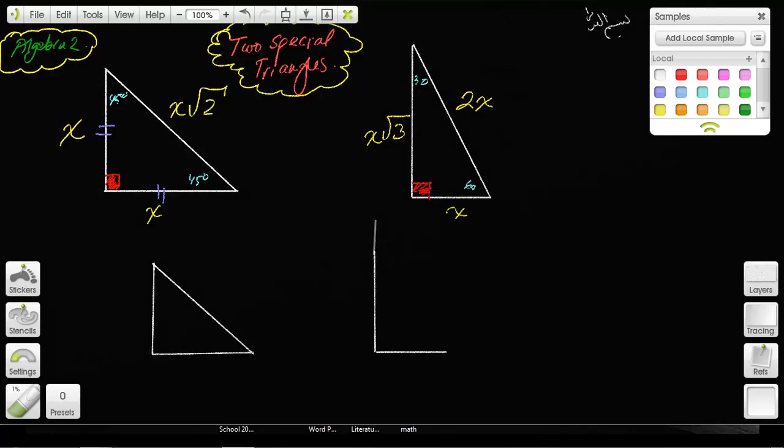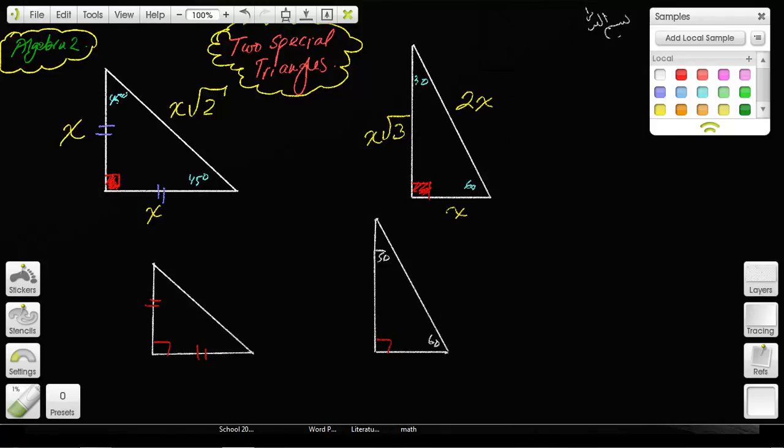So these are still going to be 30, 60, 90 triangles. Yeah, the best I can draw here. So it's a 30, 60, 90 triangle, and this is going to be a 45, 45, 90 triangle.